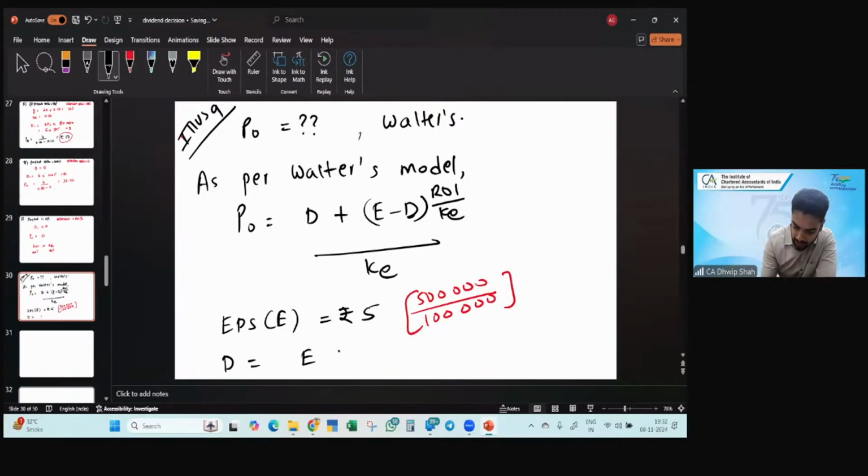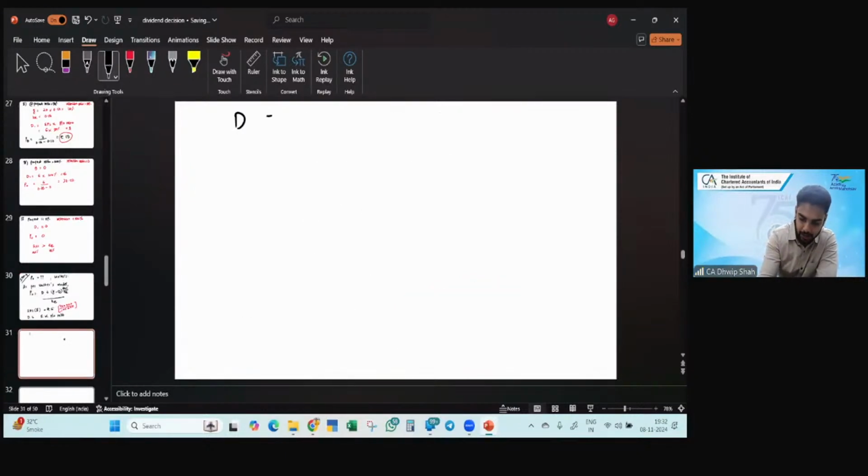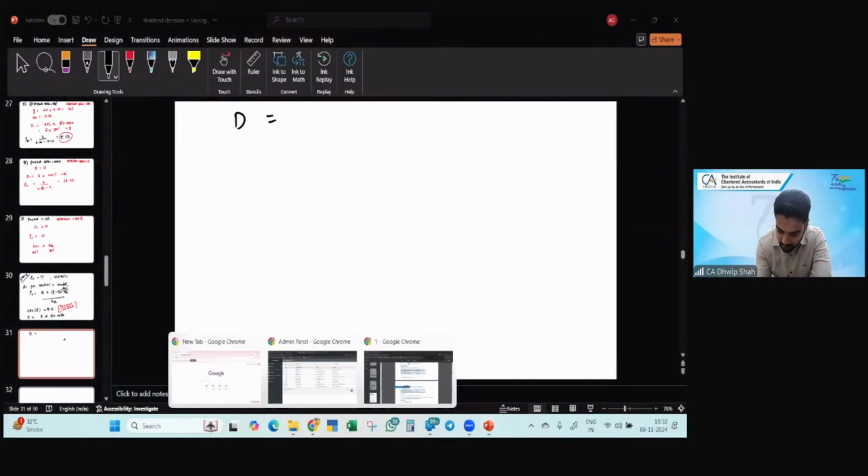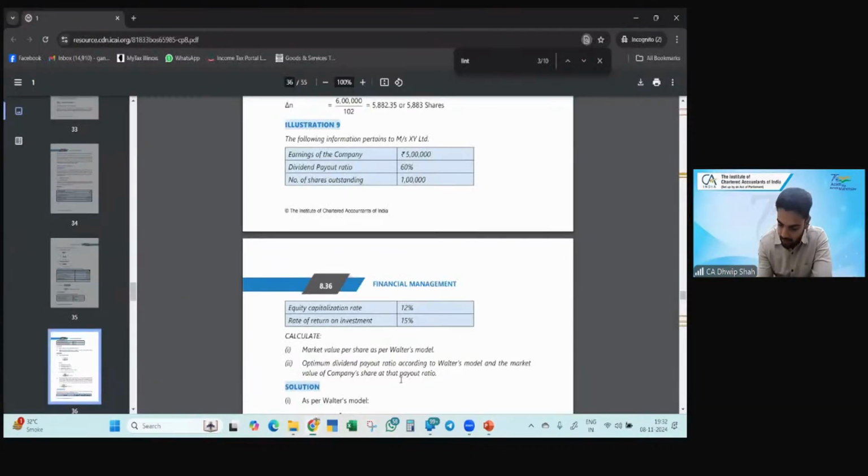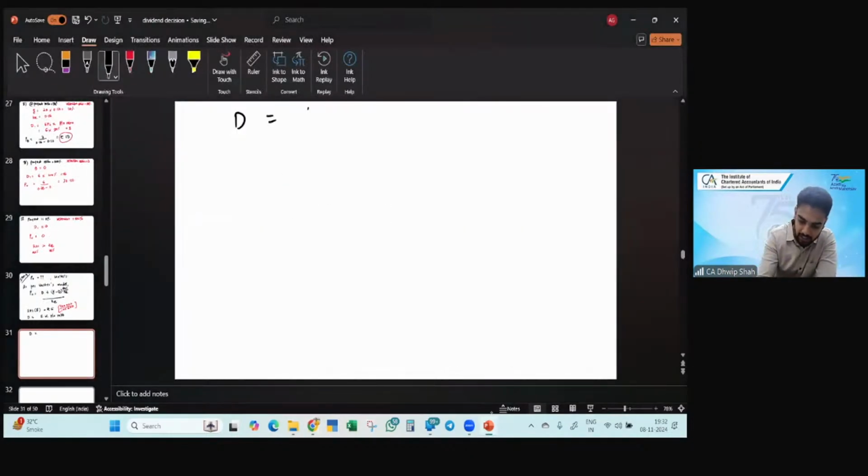D would be earnings multiplied by payout ratio. So can I say payout ratio is 40%? Sorry, 60%, not 40%. So 60% of 5, D is 3.